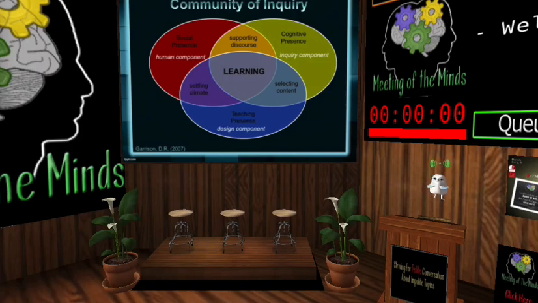The community of inquiry model is actually really common. And the whole idea, the real bird's eye view of this, is that by including three components, social presence, cognitive presence, and teaching presence, you create this supportive community where students are able to find the resources that they need in order to learn. Okay.